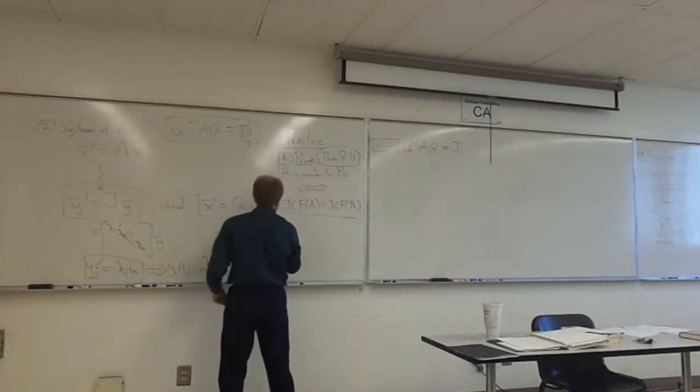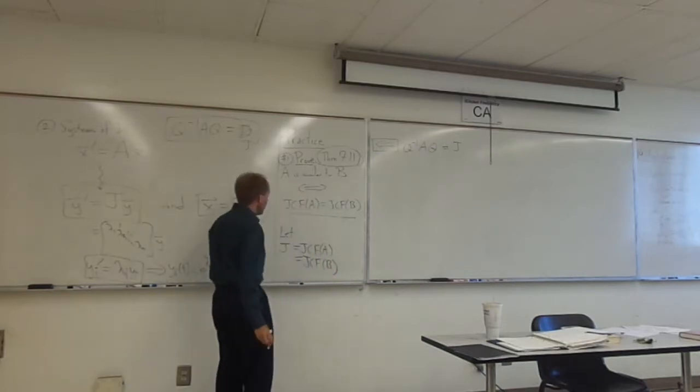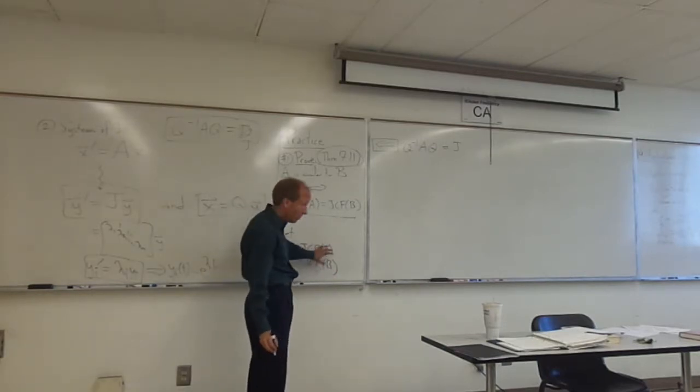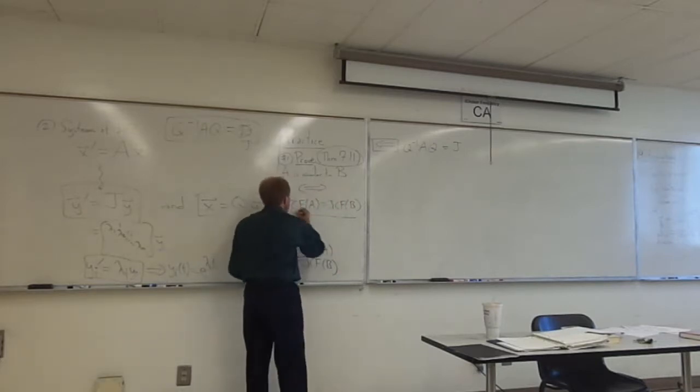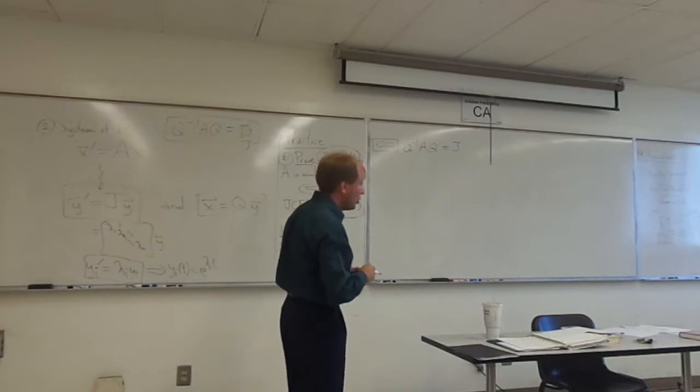Maybe I should say here, let J equal the JCF of A equal to the JCF of B. Assume that these are equal. I'm doing the backwards direction, so I'm assuming that they're both equal to the same thing. I'm going to call it J.